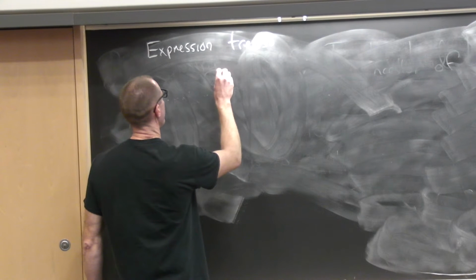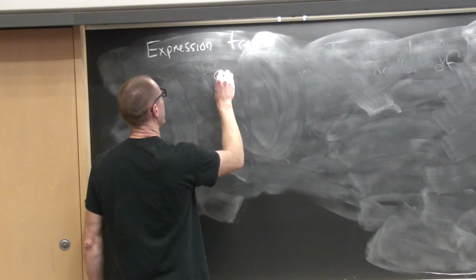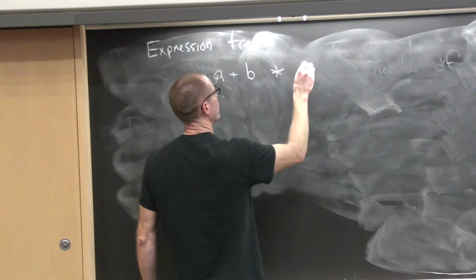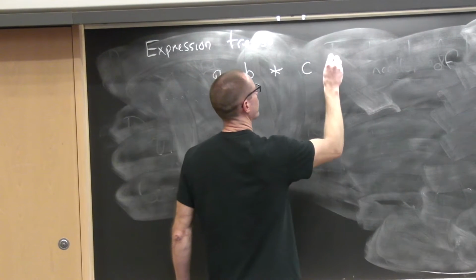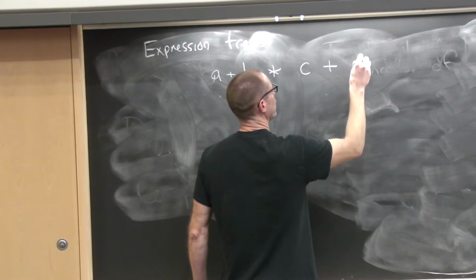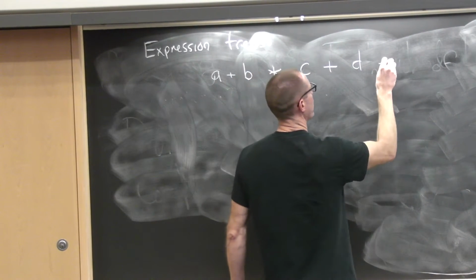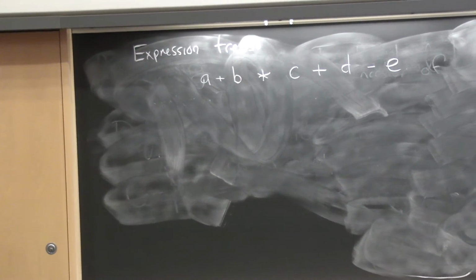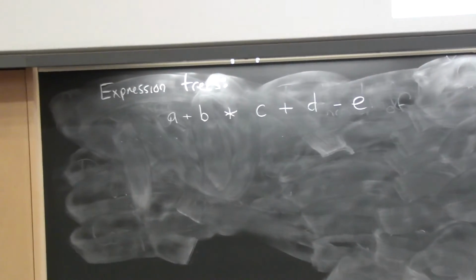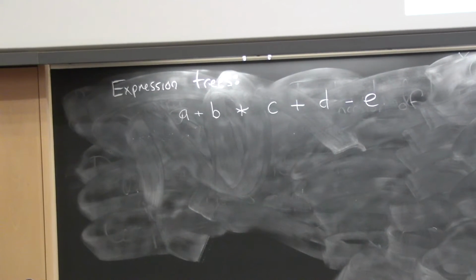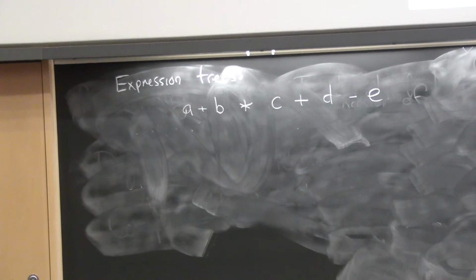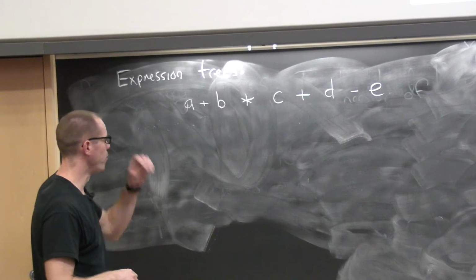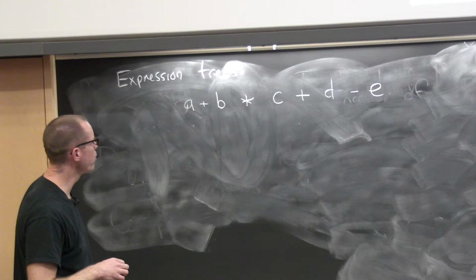So if I have some expression like a plus b times c plus d minus e, you can write this in most programming languages, and this will get compiled to something that evaluates this, which must mean that there's some internal representation of this. And one of the most common internal representations is something called an expression tree.